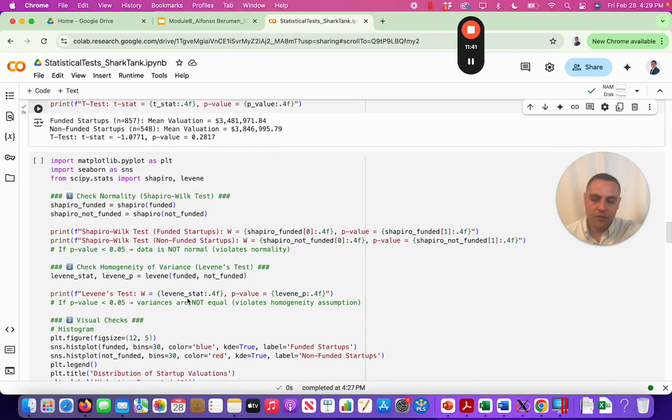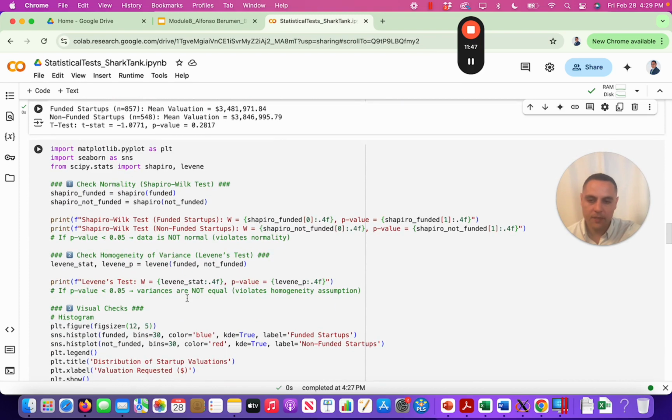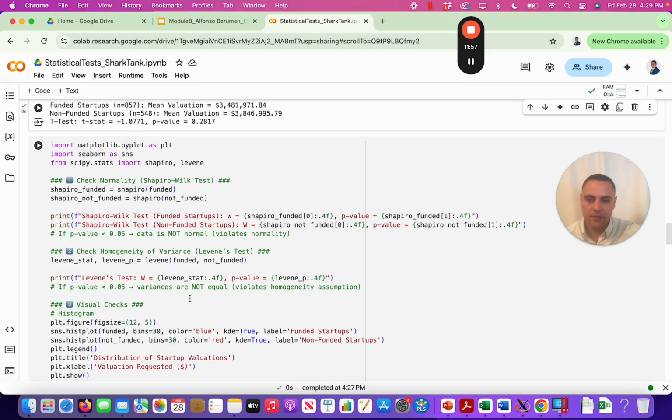Well, it turns out that that's a parametric test, and we want to check on our assumptions. The t-test actually has a couple of assumptions, and it might be good to familiarize yourself whenever you use the test. But we have this example here where we can look at the normality assumption. One other thing we want to test is homogeneity of variance.